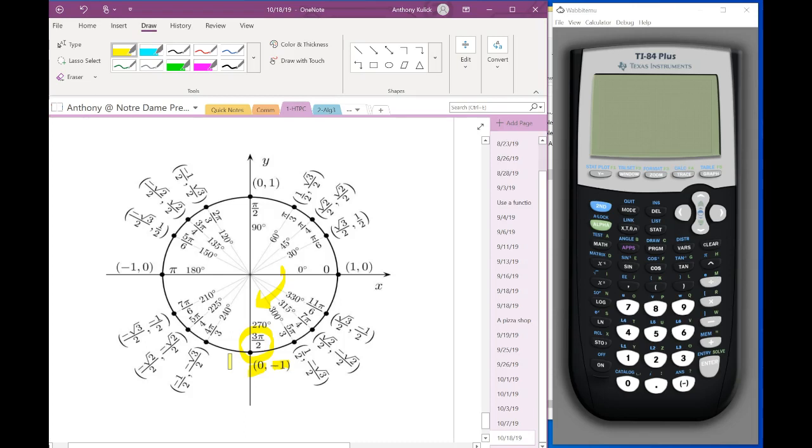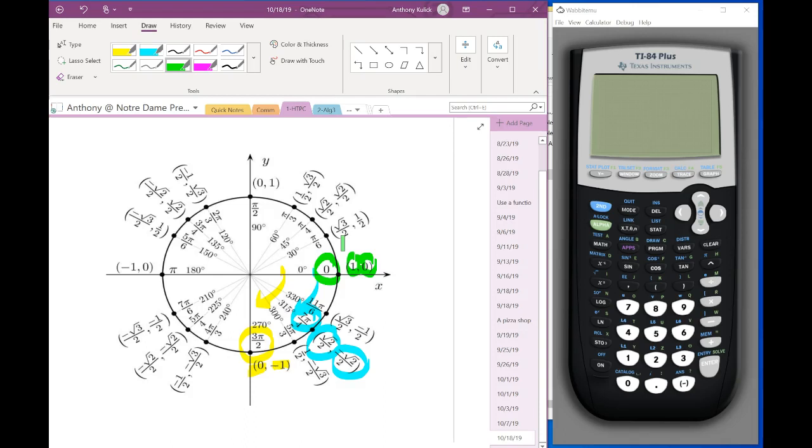Anything divided by 0 is undefined. If I go to negative pi over 4, that's here. So y divided by x is negative 1. If I go to 0, that's here. Y divided by x is 0. So that's how I'm coming up with the y coordinates. Does that make sense?